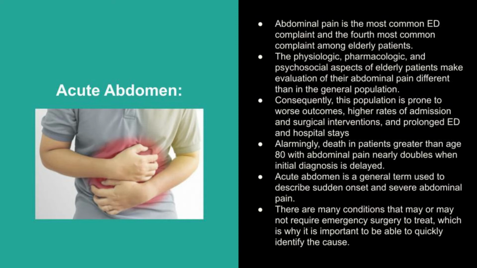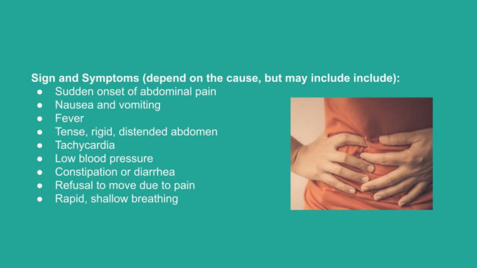Acute abdomen is a general term used to describe sudden onset and severe abdominal pain. There are many conditions that may or may not require emergency surgery to treat, which is why it is important to be able to quickly identify the cause. So really, the signs and symptoms depend on the cause, but they may include sudden onset of abdominal pain, well, of course, nausea and vomiting, fever.